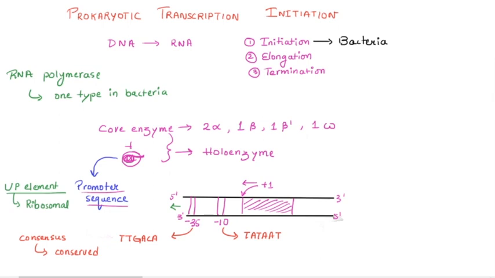So the RNA polymerase scans the DNA, and the sigma subunit recognizes and binds to this region pertaining to the -35 and -10 sequences. Now, when the RNA polymerase binds along with the sigma subunit, this whole complex is called the closed complex.